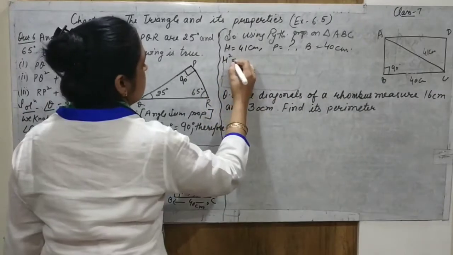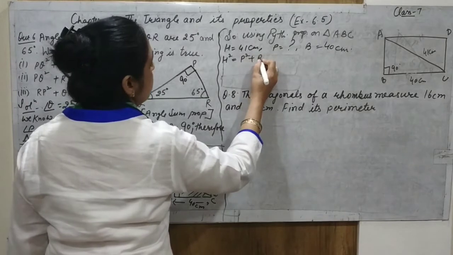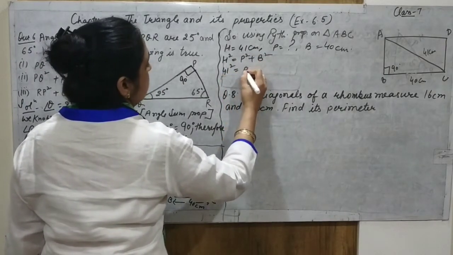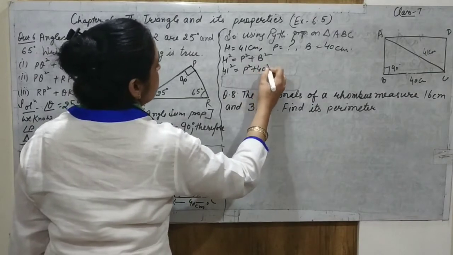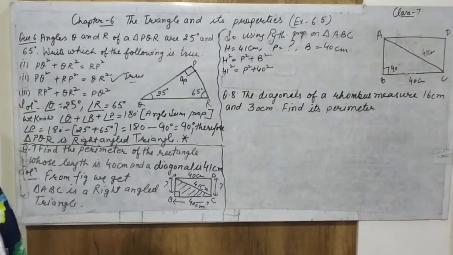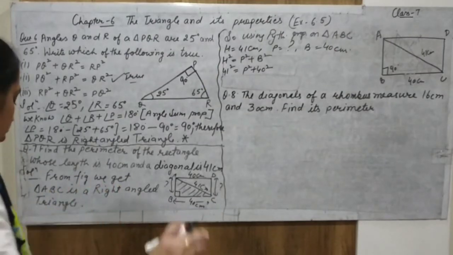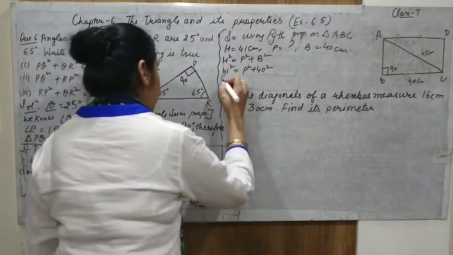Alright, put the formula. H square is equal to P square plus B square, that is 41 square is equal to P square plus 40 square. Let us solve this one, then we move further.